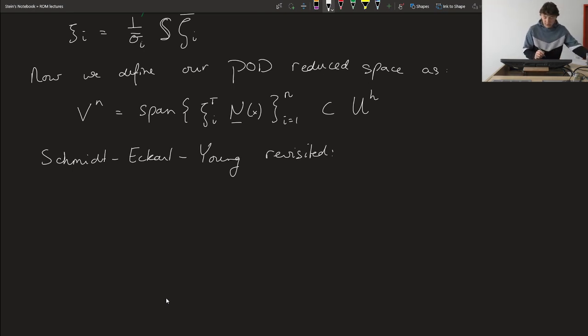So we had a statement about this best optimal approximation property and a statement about the error.